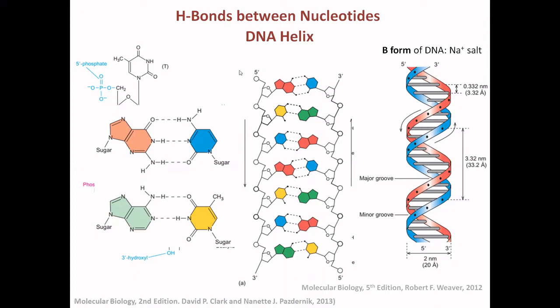Like this, one strand is running 5' to 3', and the complementary strand is running in the opposite direction. And there are the triple bonds and the double hydrogen bonds between the nitrogenous bases of the nucleotides. Each color is representing the nucleotides.